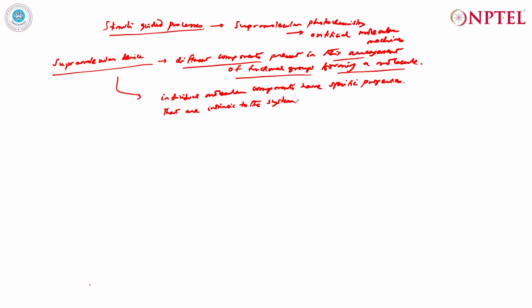Okay. And also it is to be kept in mind that this entire complex system, which contains different molecular components made up of different functional groups, are essentially stabilized by a network of intramolecular hydrogen bonds.